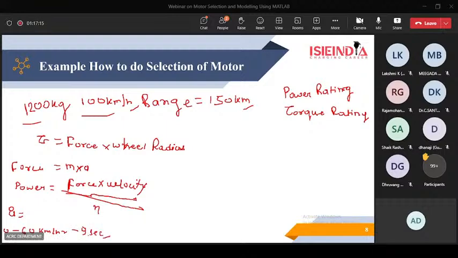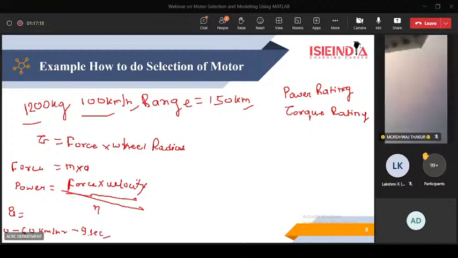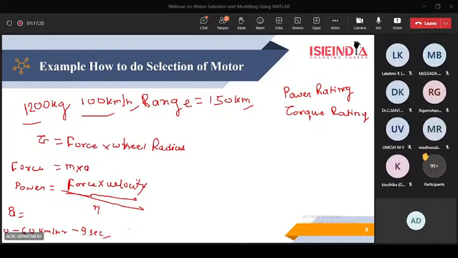I am taking 9 seconds here. So the acceleration will be final velocity minus initial velocity, divided by time.